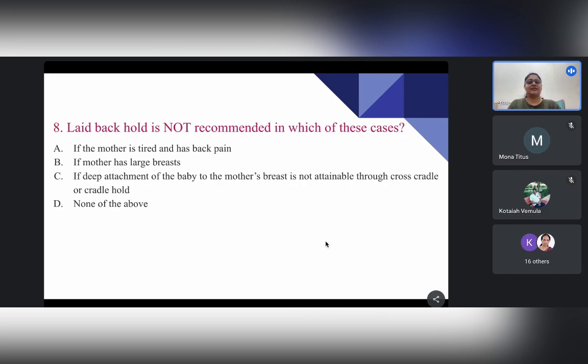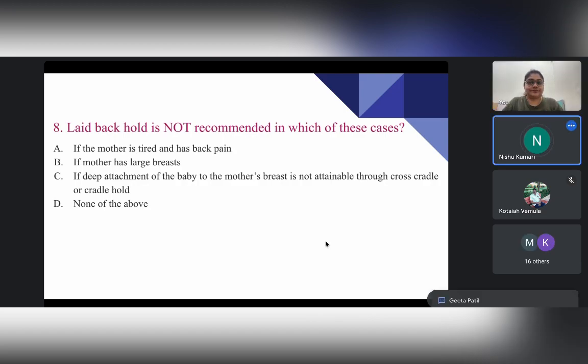Option A says if the mother is tired and has back pain. Option B says if mother has large breasts. Option C says if deep attachment of the baby to the mother's breast is not attainable through cross cradle or cradle hold. And option D says none of the above. So what do you think should be the answer?